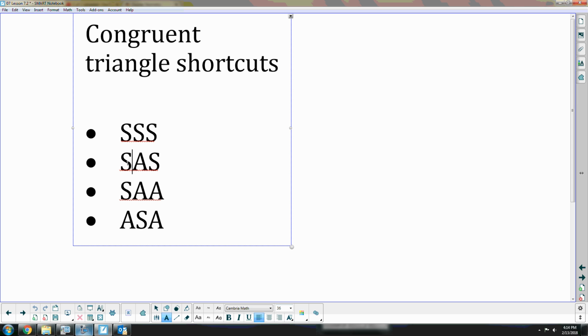If we have a side, an included angle, and a side, congruent to a side, included angle, and another side of a triangle, triangles are congruent. If we have side, angle, angle, or if we have angle, an included side, and another angle. So those prove congruence within our triangles. So remember that angle, angle, angle does not show that the triangles are congruent.